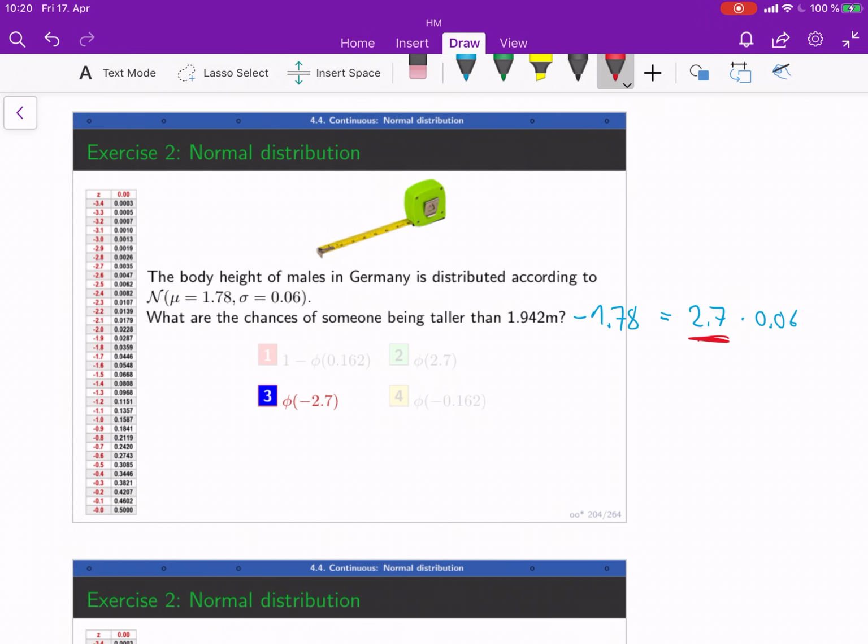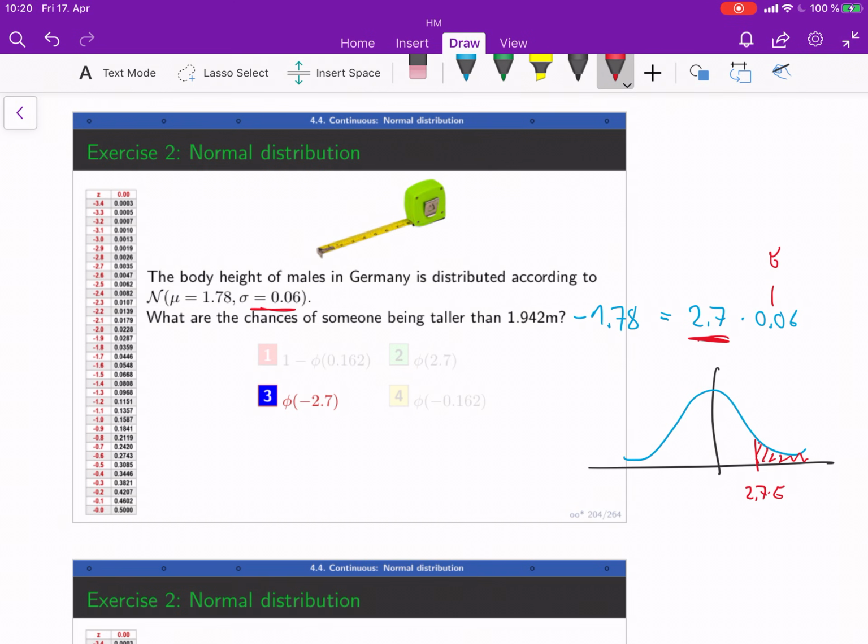And then with this 2.7, I can be like, okay, so this is 2.7 sigma, this is sigma here. This was given. I need taller than that, so I need this end.